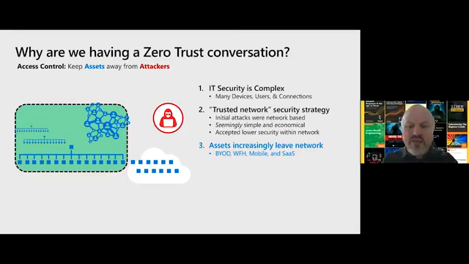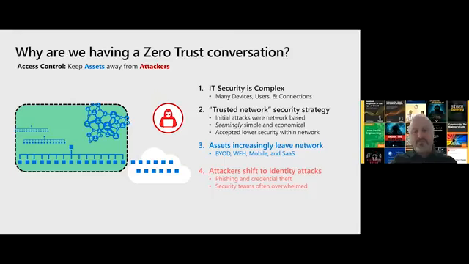Everybody talks about BYOD. We started to talk about work from home, mobile, cloud, software as a service, but how are we going to integrate and make this happen in a secure manner?